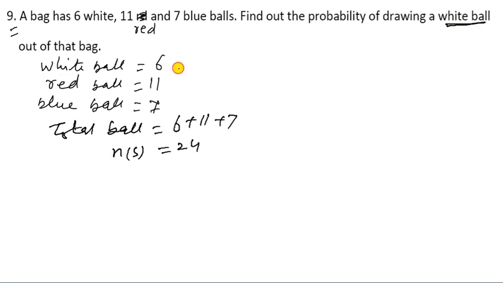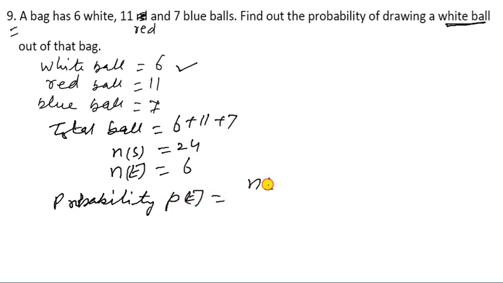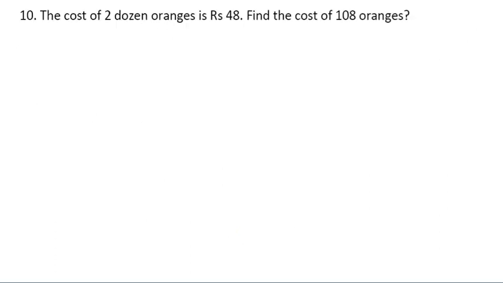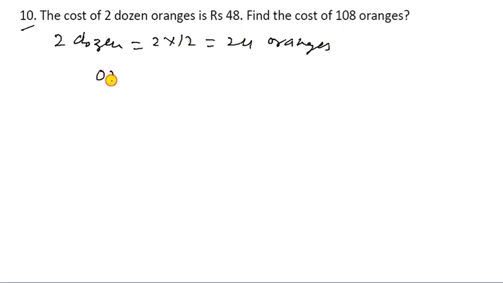A bag has 6 white ball. So you can write here white ball is equal to 6. 11 red ball, so the red ball is 11, and now 7 blue ball, so blue ball is 7.